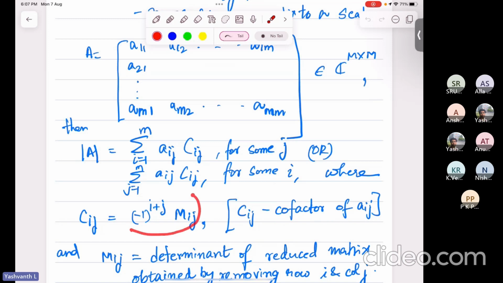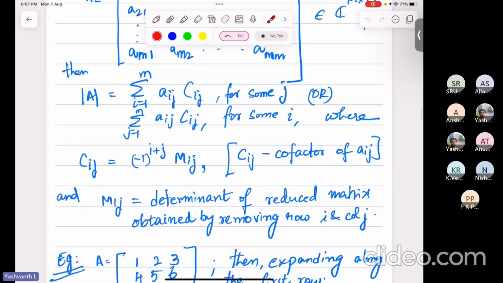It is defined as this particular function, which goes as minus 1 power i plus j times m_ij, where m_ij in turn is called the minor of entry a_ij.